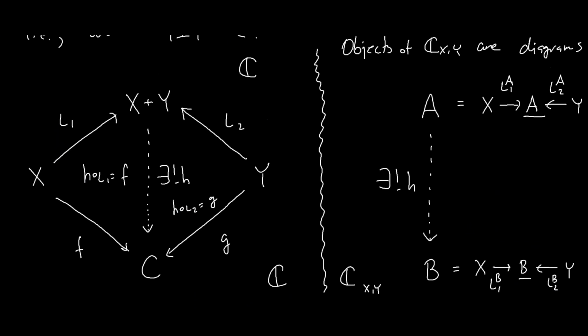And we have to be careful here because we have to define morphisms in such a way that uniqueness of this morphism must correspond to uniqueness of something here making those equalities hold. So how shall we define a morphism from this diagram to that diagram?